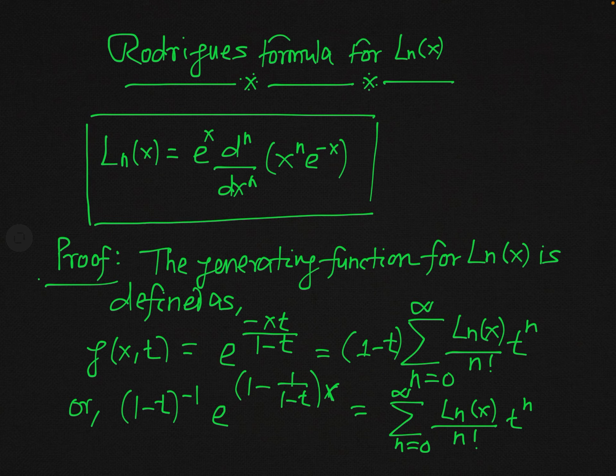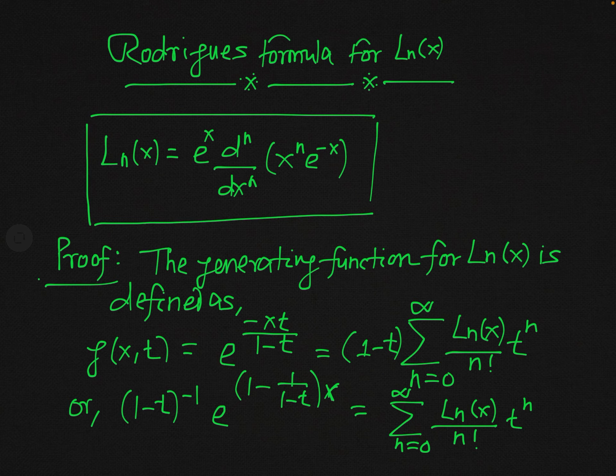In fact, you can write this generating function expression for Ln of x in this way. Let us multiply by this 1 minus t to the LHS, 1 minus t raised to the power minus 1 to the LHS. Then we will get (1-t)^(-1) e raised to the power 1 minus 1 over (1-t) times x. In fact, this minus xt over 1 minus t, you may write in this way: 1 minus 1 by (1-t) times x.